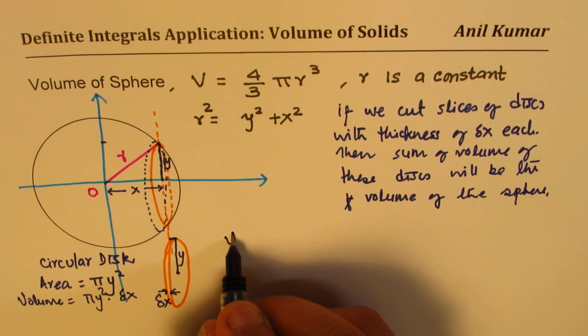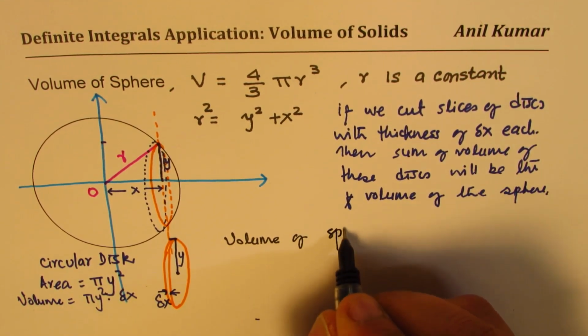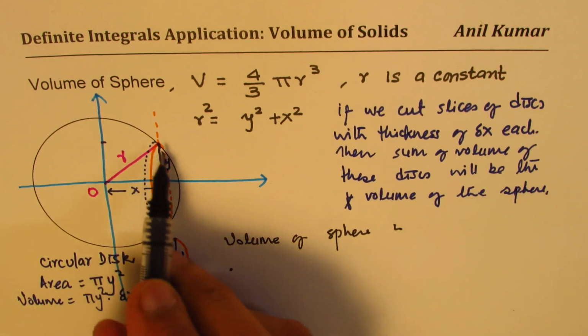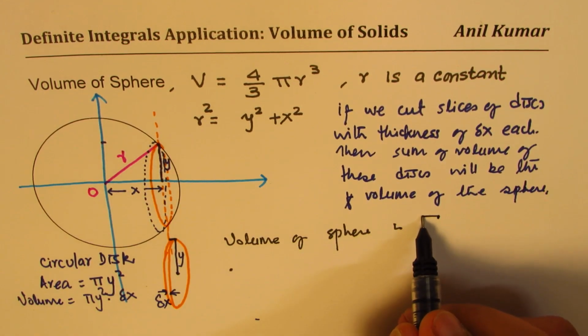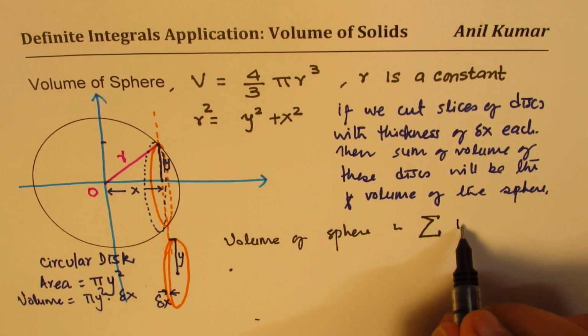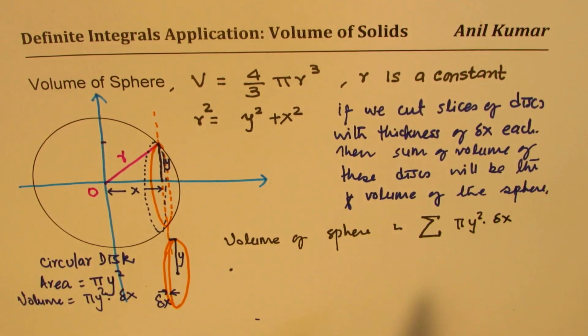So we can say that the volume of sphere is, we can write the sum as sigma notation, right? This is like sum of volume of each disc, right? So each disc is pi y square delta x, correct?